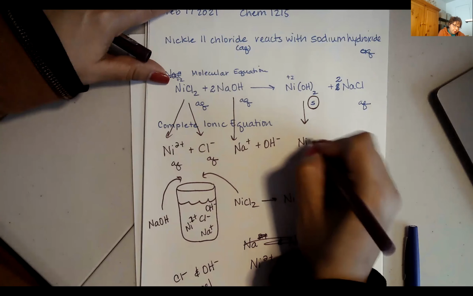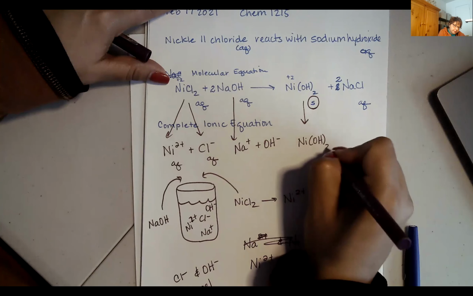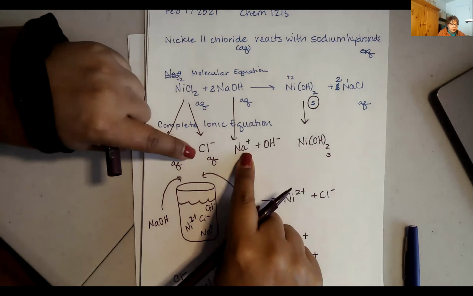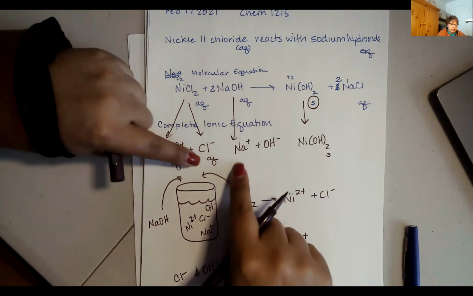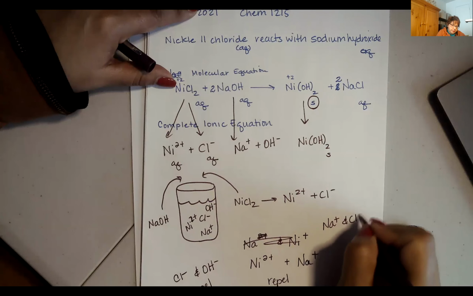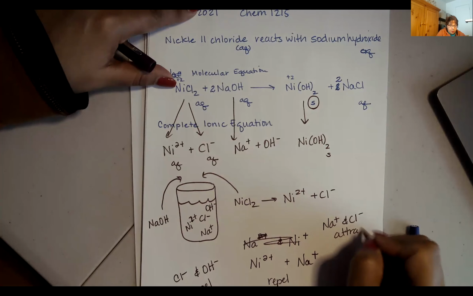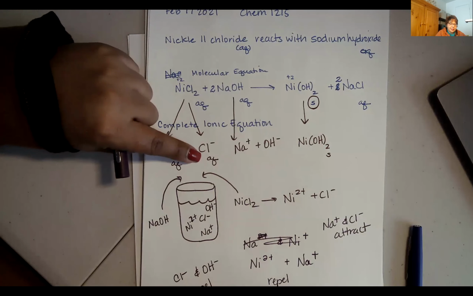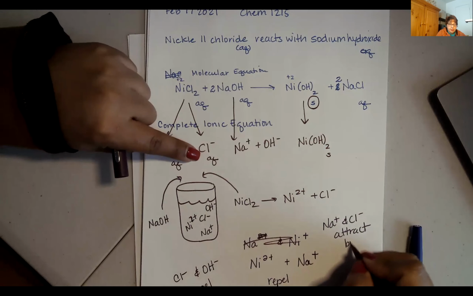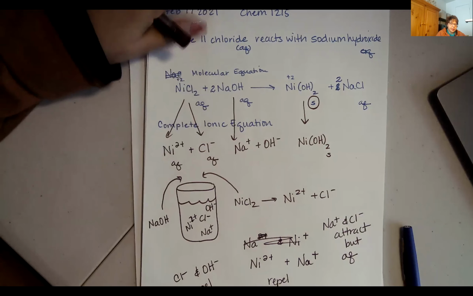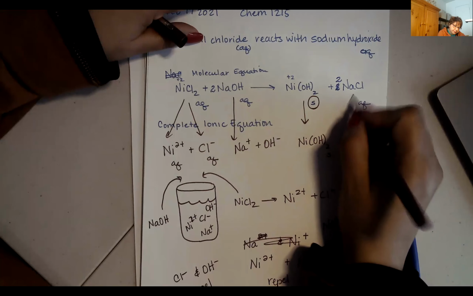They'll form their product. If the sodium and the chloride bump into each other, because they're aqueous, they'll be attracted to one another, but they're not going to stay together as a single unit. They're going to break up into their respective ions again.